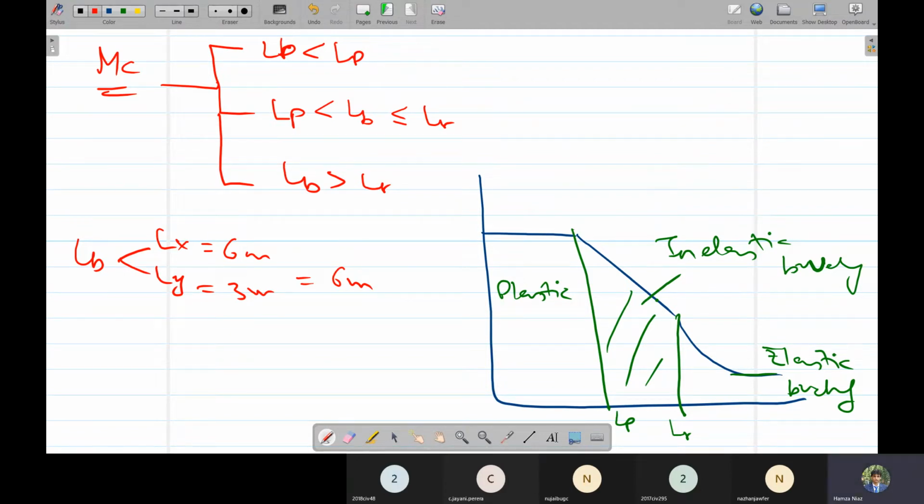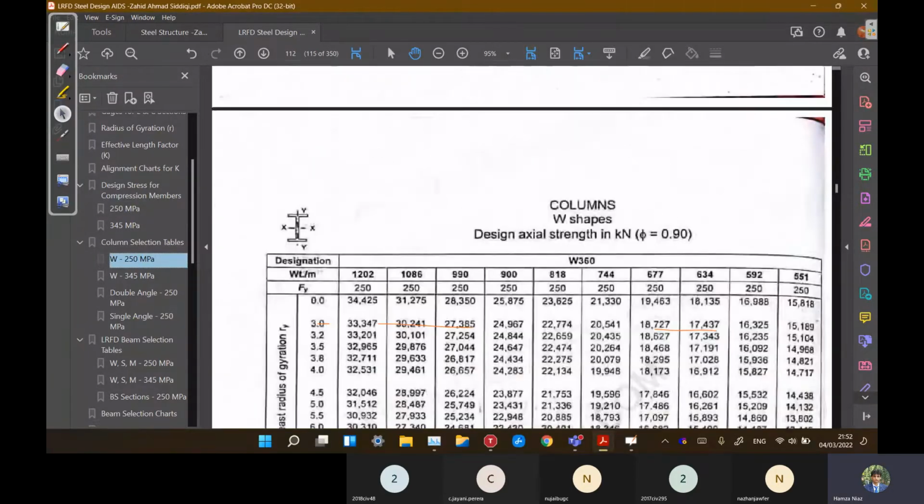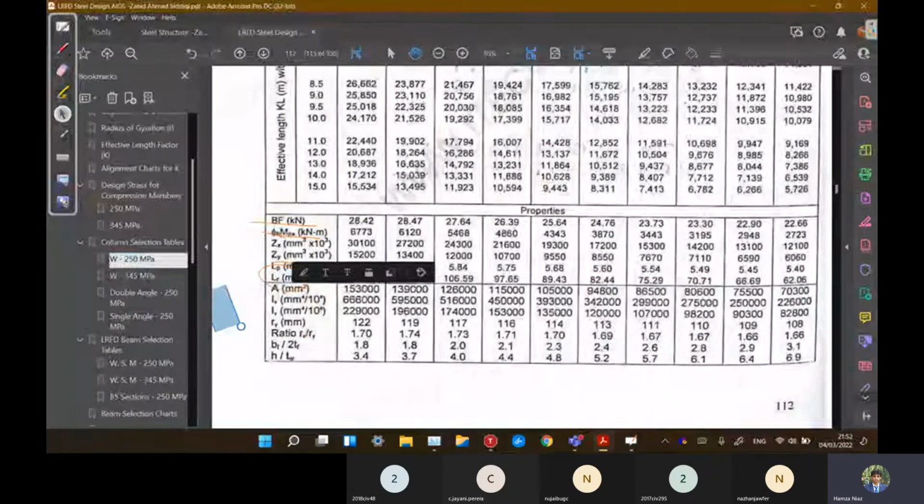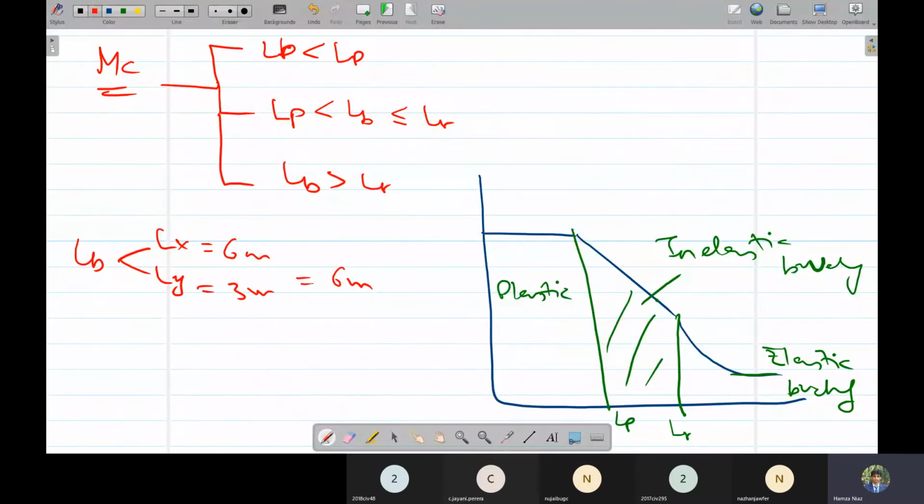If we go to the column selection tables, these values are directly given here. This is LP given for this section, LR given for this section. So we can see that our LB is 6 meters.